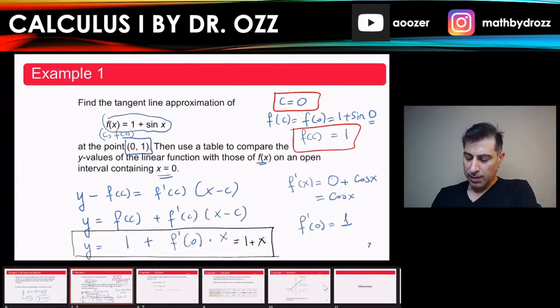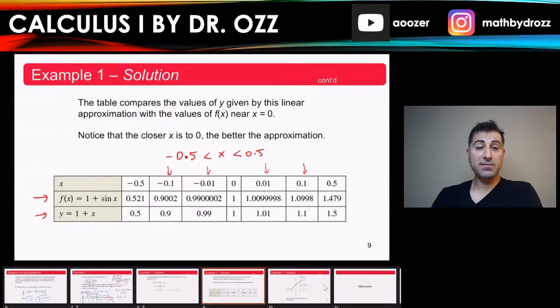Okay, so at this moment, you can pause the video and use your calculator to get these numbers. You're going to plug in negative 0.5 in here, and in here. So we're going to evaluate f at negative 0.5 and negative 0.1 to get this one, and this one, and this one, and this one, okay? And then in the next step, you're just going to evaluate the tangent line approximation at negative 0.5 and on and on.